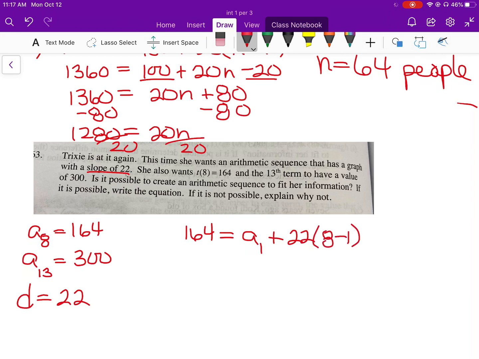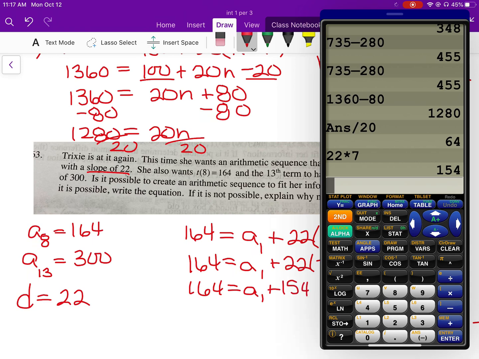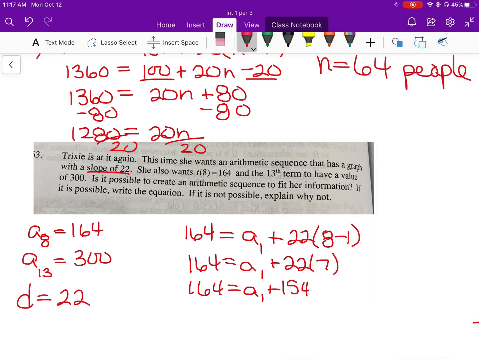Minus 1? What's 8 minus 1? Times 7. So 22 times 7 is 154. So what's a sub 1?